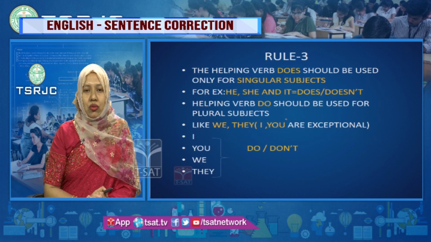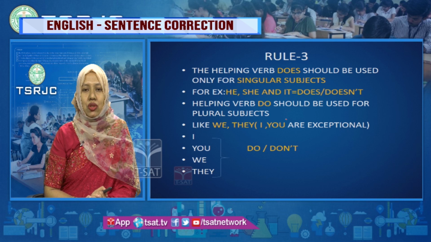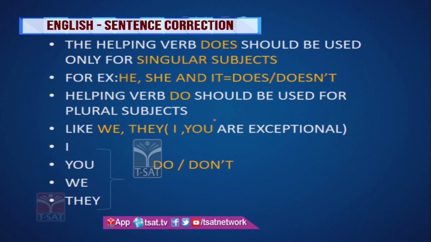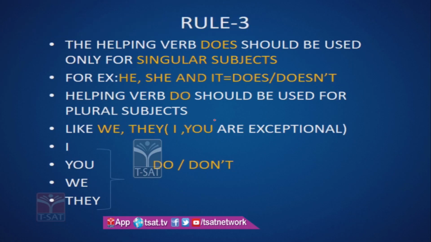Moving on to the next rule, rule number 3. The helping verb "does" should be used only for singular subjects. When we talk about the do form of verbs, always remember he, she and it. Along with the subjects he, she and it, "does" or "does not" should be used.